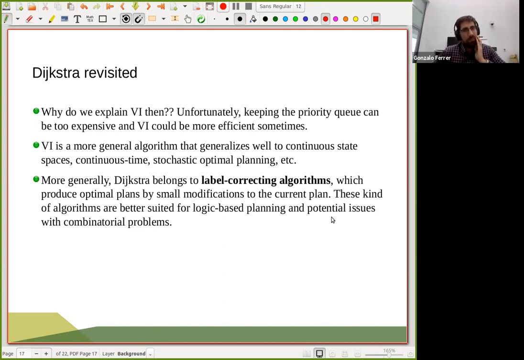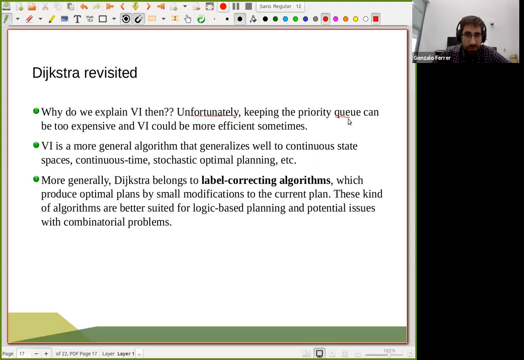Well, unfortunately, this queue that is easily explained for grid-based scenarios can be a little expensive, right? If you have a lot of states, you are going to be adding a lot of elements, and there's not a clear structure.